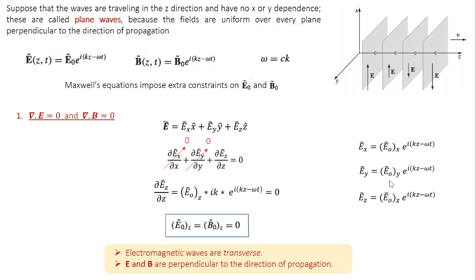So I have these three component forms. Since the waves I am talking about are plane waves with a single frequency, in other words, we are talking about monochromatic plane waves.